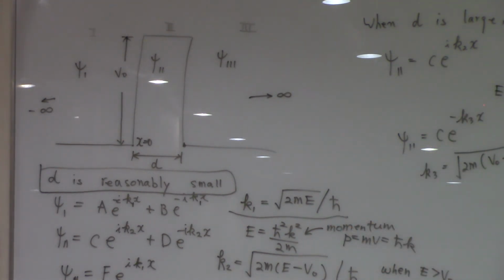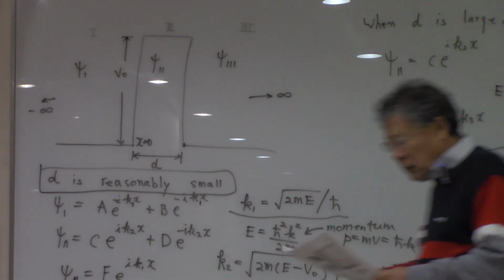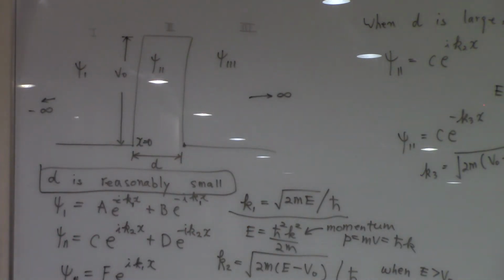That kind of tunneling phenomenon cannot be explained in classical theory, but can be explained in the Schrödinger equation, the quantum approach.